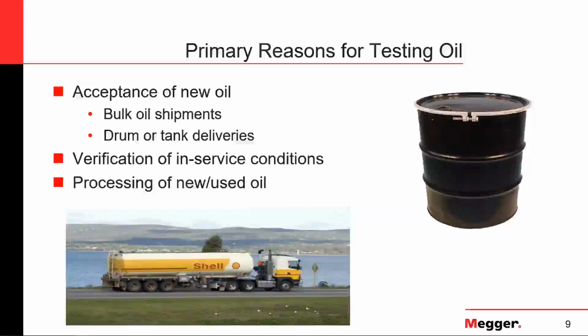Either when we receive bulk oil shipments directly from the manufacturer, or for example, we go back to that example of that power transformer. For large units, usually the oil is shipped separately, either in drums or in tanks. And before we fill that unit with that oil received in separate containers, we need to make sure that that oil was handled properly and that it was not contaminated.